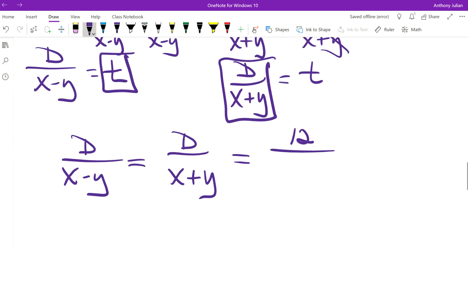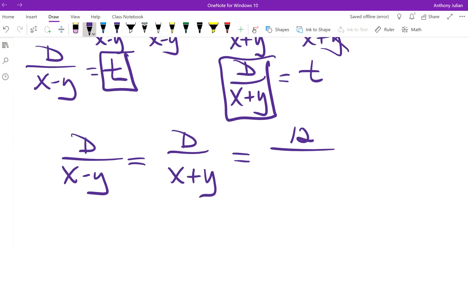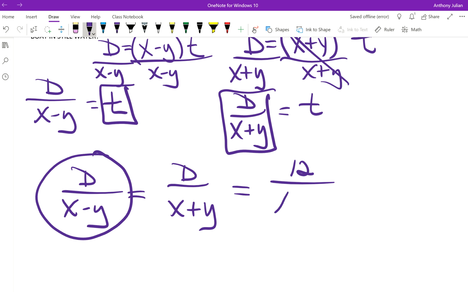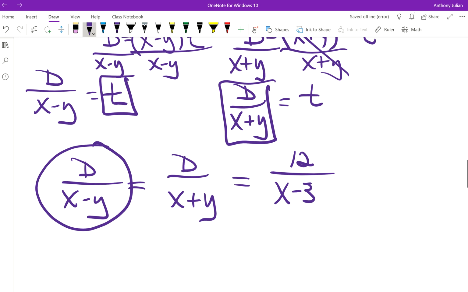Okay, so that means y represents the current of the river. X represents the still water. So for the left side here, it's going to be x minus 3. Okay, and now that's going to be equal to the distance 12 over x plus 3. Okay, so far so good.